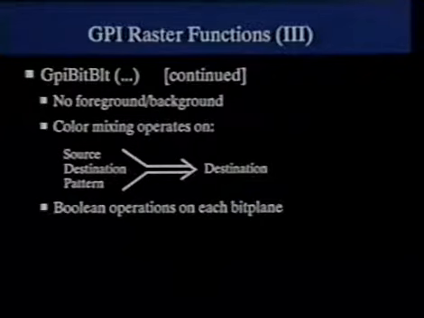Bitblit is actually a 3-operand function. It takes pixel images from the source, from the destination, and from the pattern, and it merges those into a new color value or bit value, pixel value at the destination.